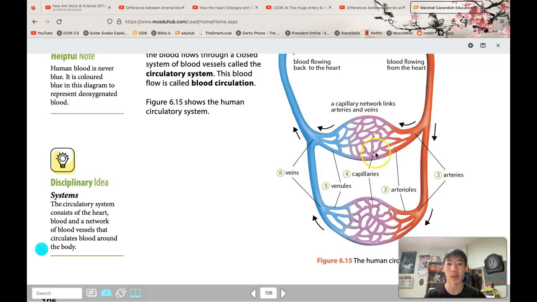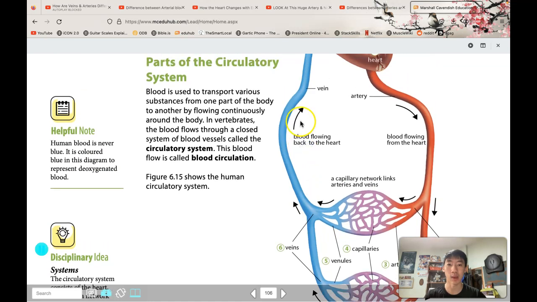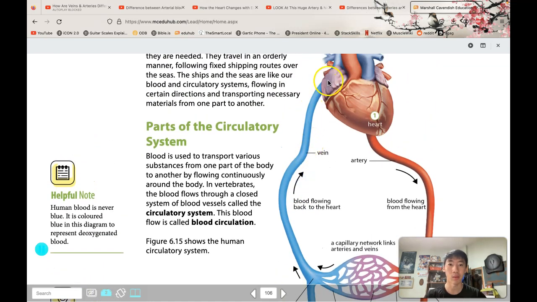So nutrients and oxygen will enter into the cells over here in the white spaces, and in return the cells will give back carbon dioxide and other waste products such as urea. These waste products will then enter the capillaries, go into the venules, which will then combine back again into the veins, and then be carried back towards the heart, all the way back into the chambers of the heart.